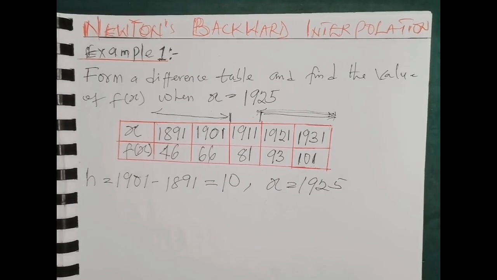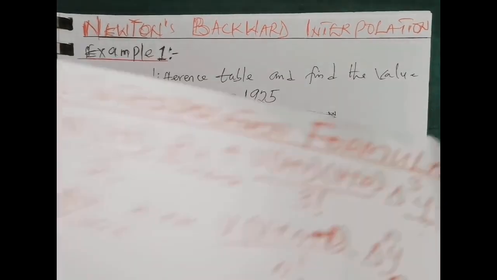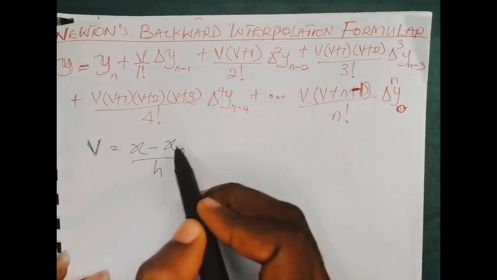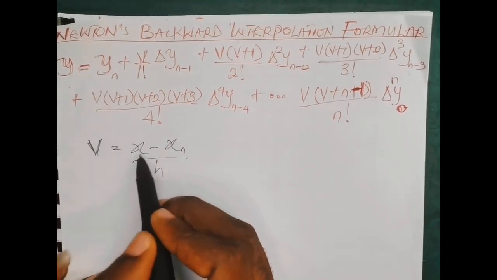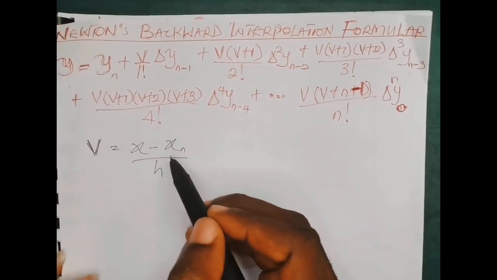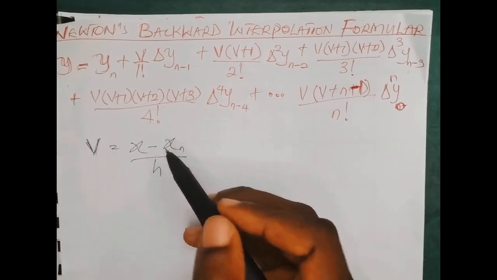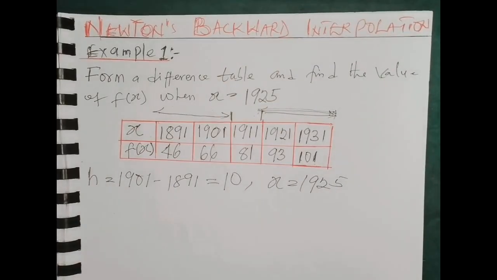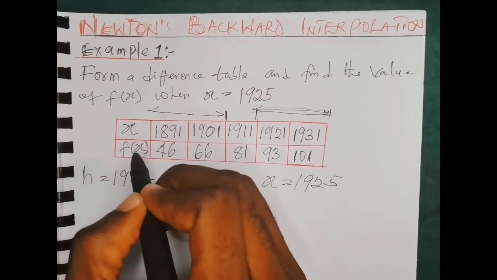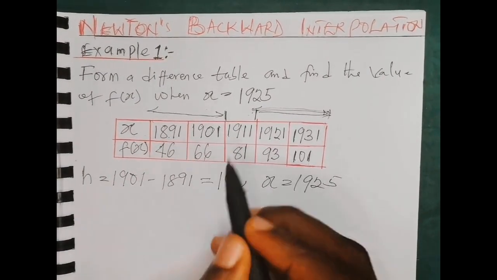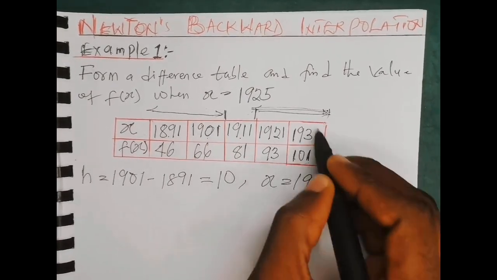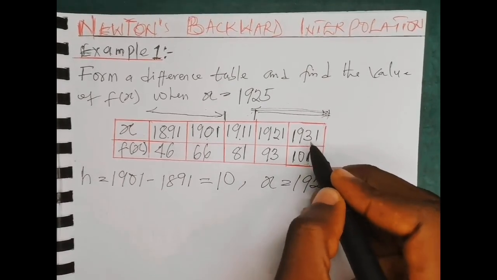All right, now remember earlier I showed you guys a formula and I said our v is simply given as x minus xn all over h, where x is the value to be interpolated, h stands for the interval, and xn simply means the last value of the argument on the table. So usually the first value of x is termed x naught, this is termed x1, this is termed x2, this is termed x3, and the last value, which is x4, is termed xn.